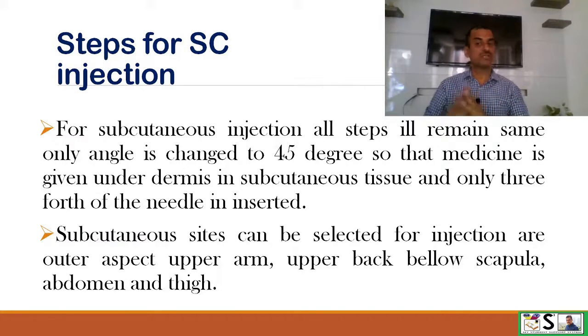In subcutaneous injection, a 45-degree angle is used, so the medication goes below the dermis into the subcutaneous tissues. Keep in mind we will insert only 3/4 of the needle, so that it will not go deep into the muscle.